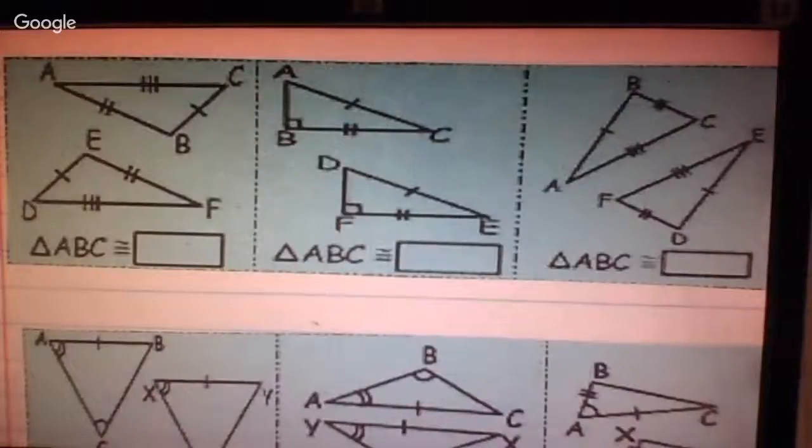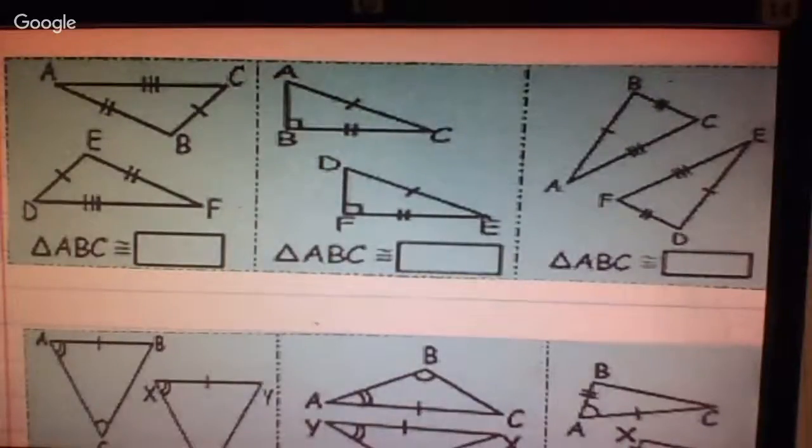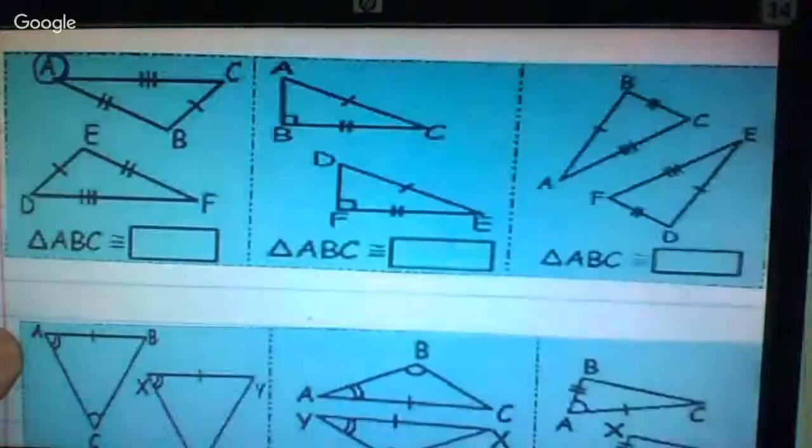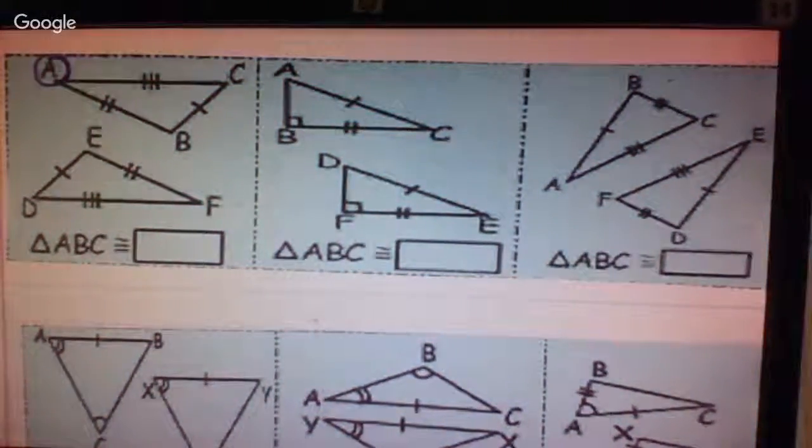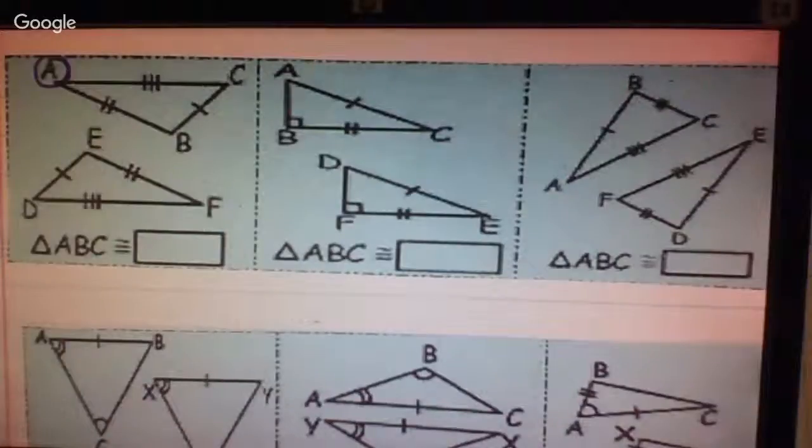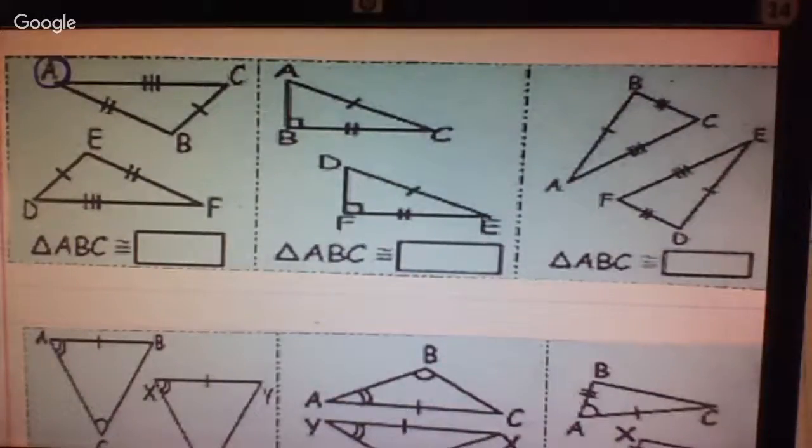Okay. So this first one, all they mark are the sides. So we have to be careful here. They want us to label the second triangle from ABC. So take a look where angle A is. Angle A is in between side 2 and side 3. So what does that match up with on my second triangle?